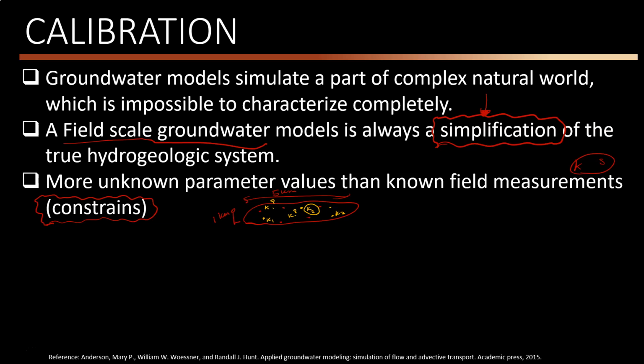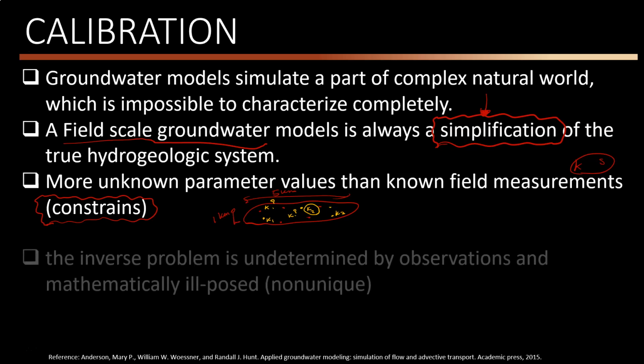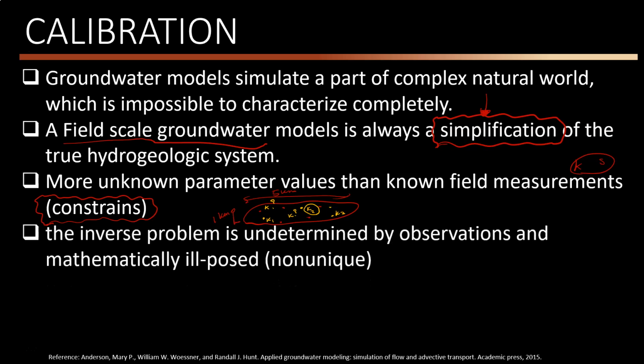So we usually have very limited, few known and observed values, which cause a problem. Because of this, the inverse problems are technically underdetermined by observation, and we call them mathematically ill-posed.